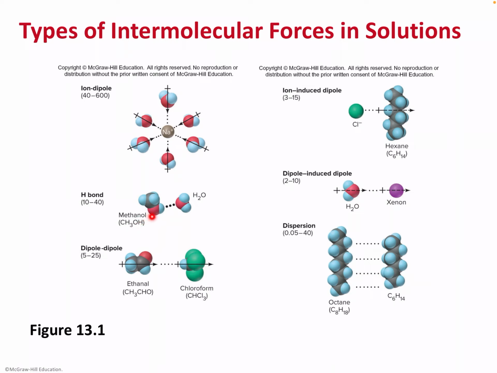So methanol is soluble in water because this oxygen and hydrogen can participate in hydrogen bonding with the water molecule. So the hydrogen of the methanol can form a hydrogen bond with the oxygen of the water. And oxygen also has hydrogen on it, right? So that type of interaction is called hydrogen bonding.